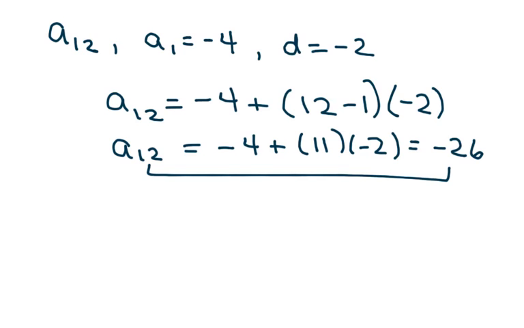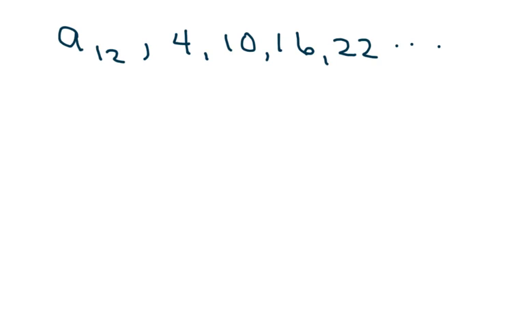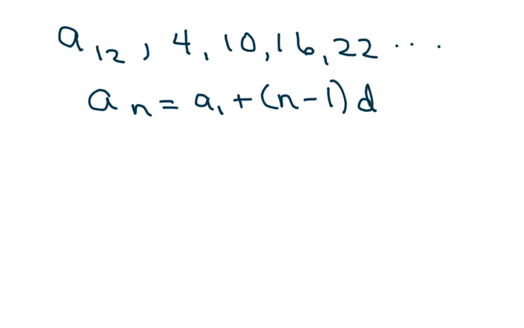Okay? Now let's do a different kind. They want a sub 12, and they give you a list of numbers. So the list of numbers is 4, 10, 16, 22, and so on. What is our common difference? We know our formula is this. You really need to know this formula because on the SAT they probably won't give you anything harder than this.